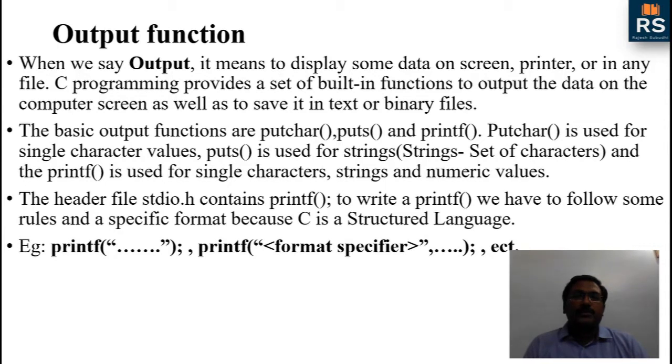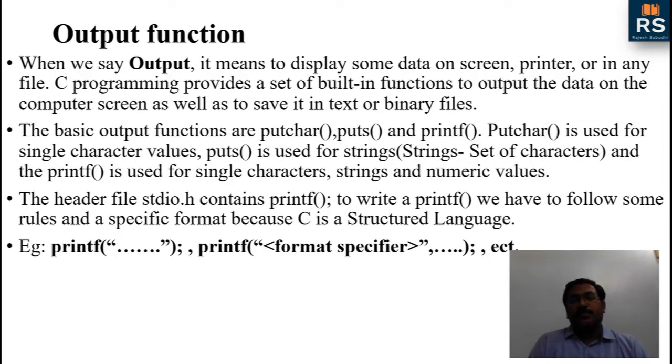So what is a format specifier? A format specifier is a character, like the backspace characters or escape characters we have seen in our previous video. Similarly, this is a type of character which tells the compiler what type of value is going to be printed on the screen.